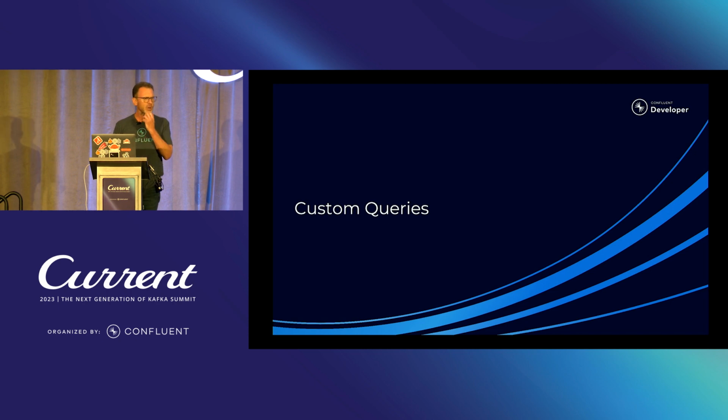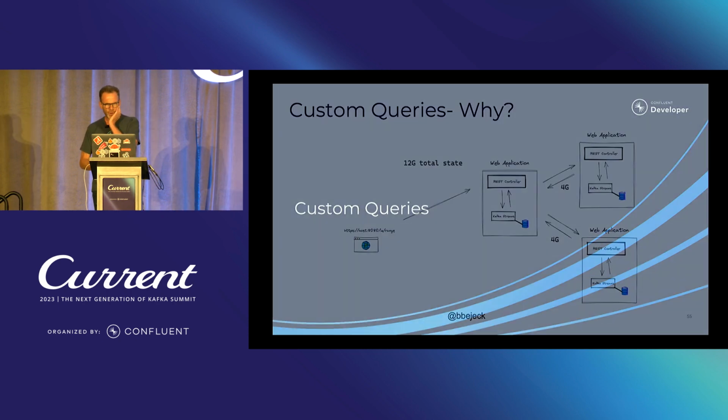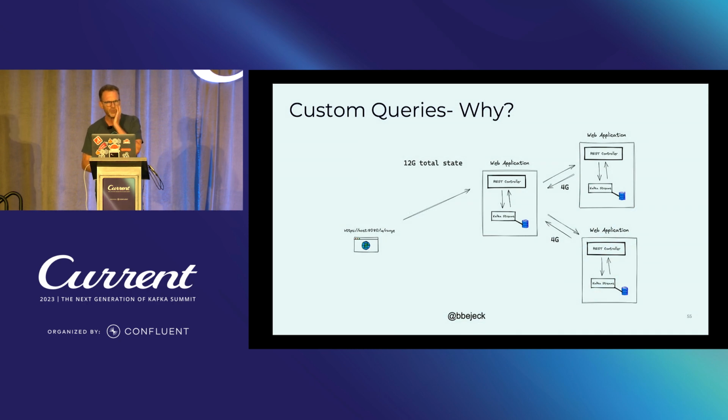All right, so now we're going to talk about custom queries. So why would you want to write a custom query? Let's go back to our example of using a range query. So your client sends a range query, and let's just say you've got 3 instances and you've got 12 gigs of state, and we're going to assume even key distribution. So it's going to be separated across 3 instances, each one having 4 gigs.